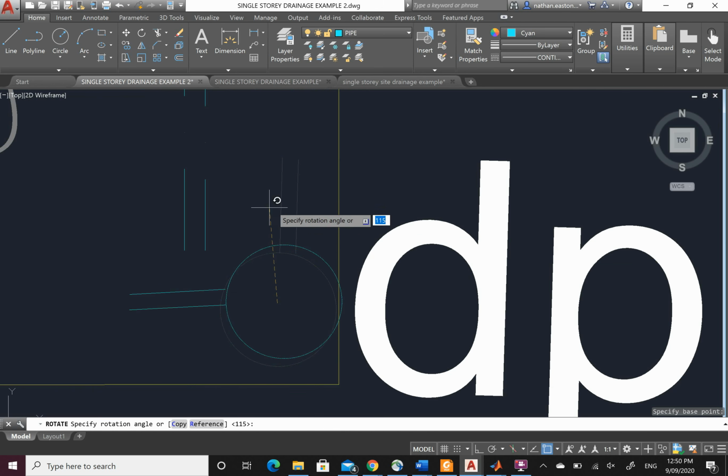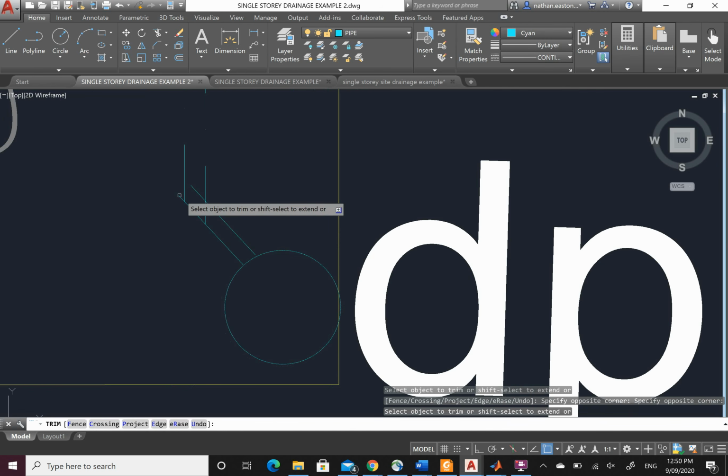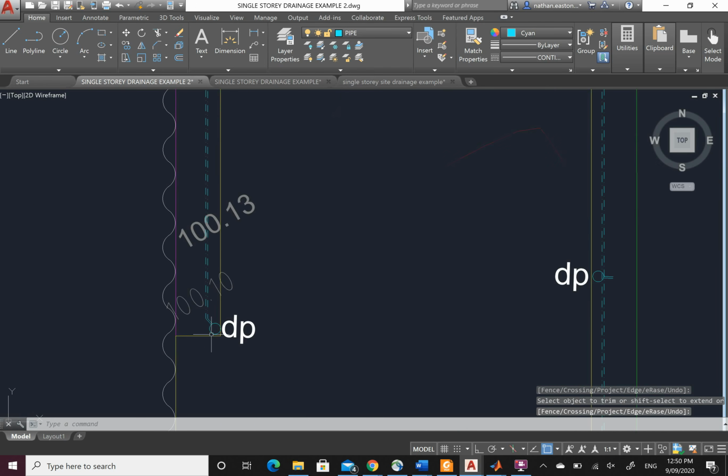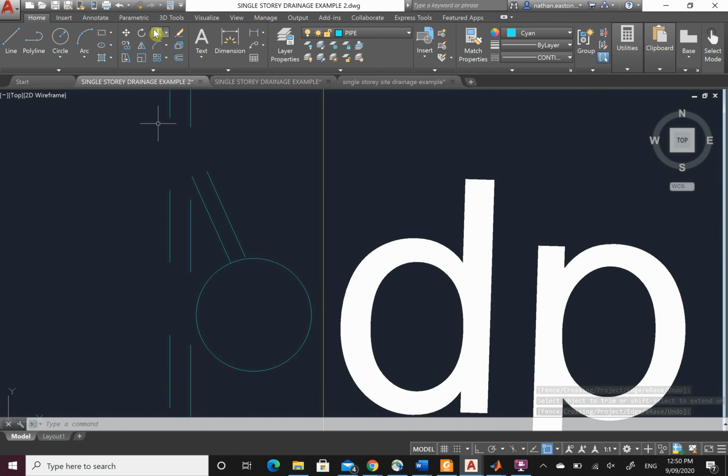Rotate to about here. Trim, well, let's trim these, that, and that. Extend to this line.